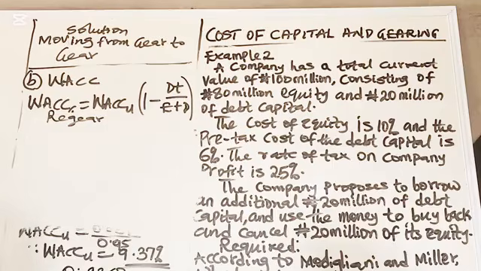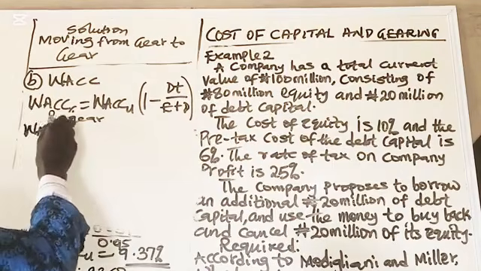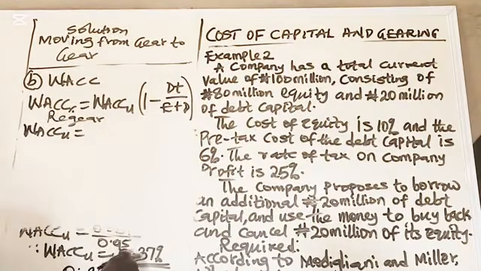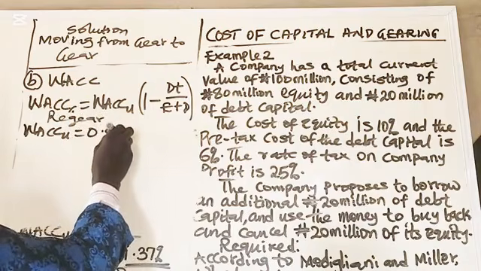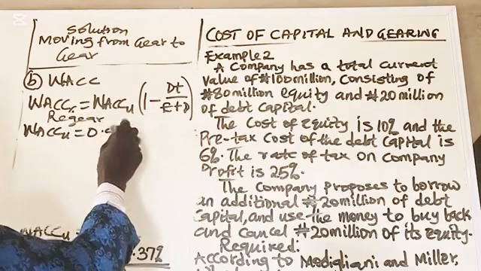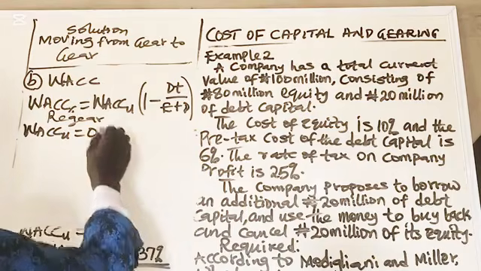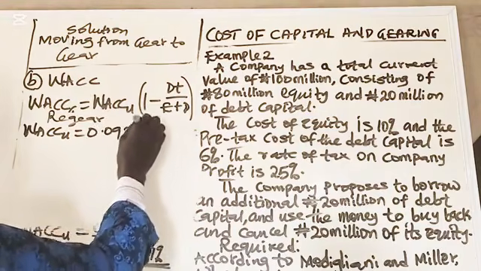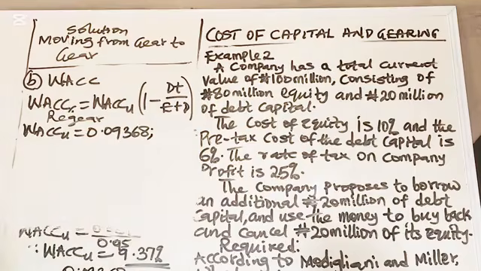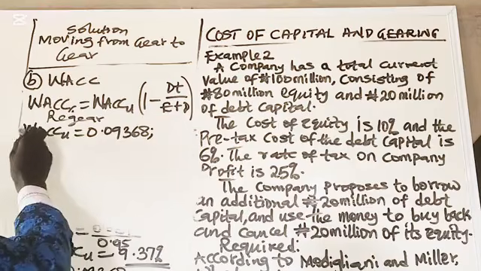Remember, the WACC of an ungeared company as calculated is 9.37%, or 0.09368. Then after the WACC of the ungeared company, you need the market value of debt.